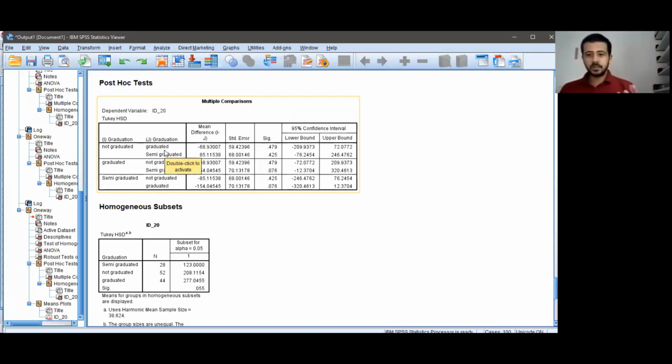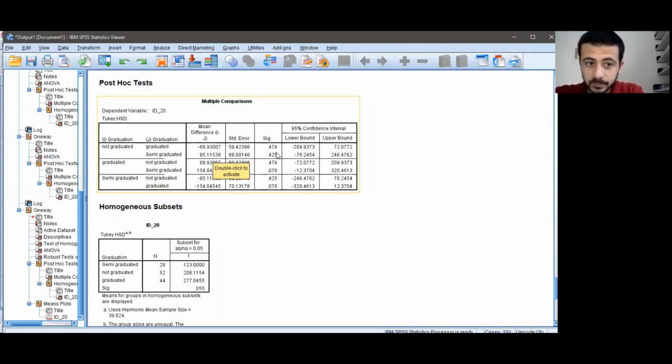What this table is doing is taking one of the categories and comparing it to the other two. The mean difference from the graduate is this. The mean difference from the semi-graduate is this. Then the standard error and the significance. We don't have any significant result in here.